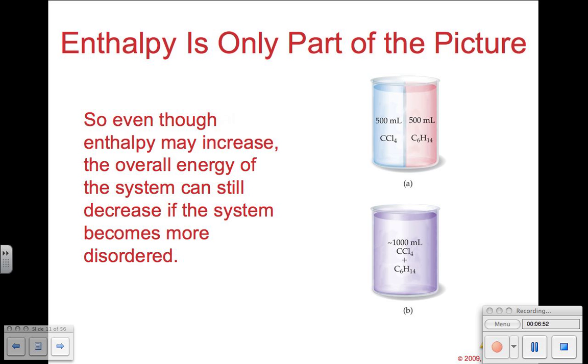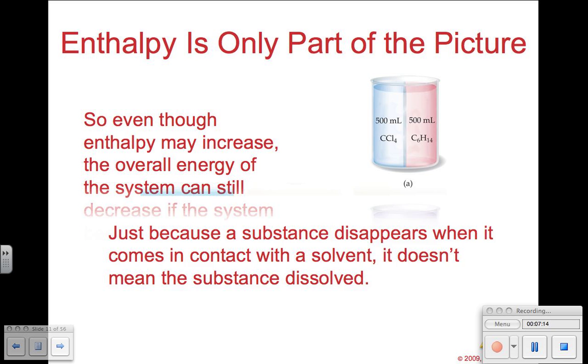You have greater randomness going on. So even though enthalpy may increase, so it's an endothermic reaction when we talk about heat of the system, the overall energy of the system can still decrease if the system becomes more disordered. Things become more random and mixed up.